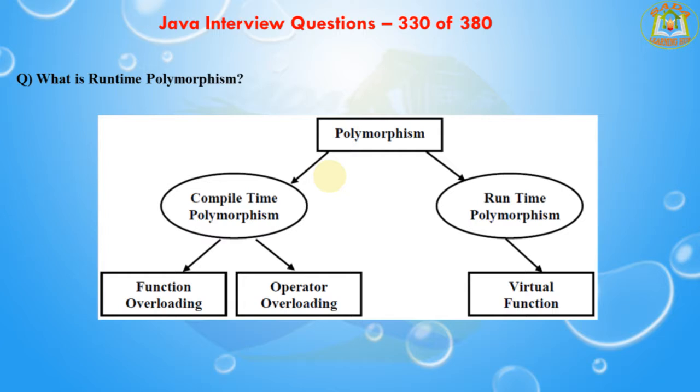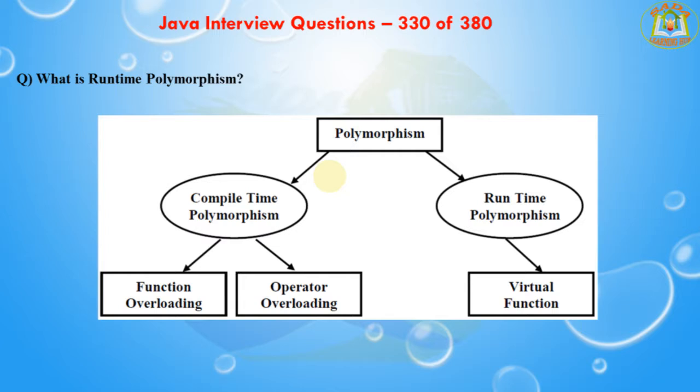In this process, an overridden method is called through the reference variable of the superclass. The determination of the method to be called is based on the object being referred to by the reference variable. Polymorphism means many forms. We can achieve polymorphism by using method overloading and method overriding.